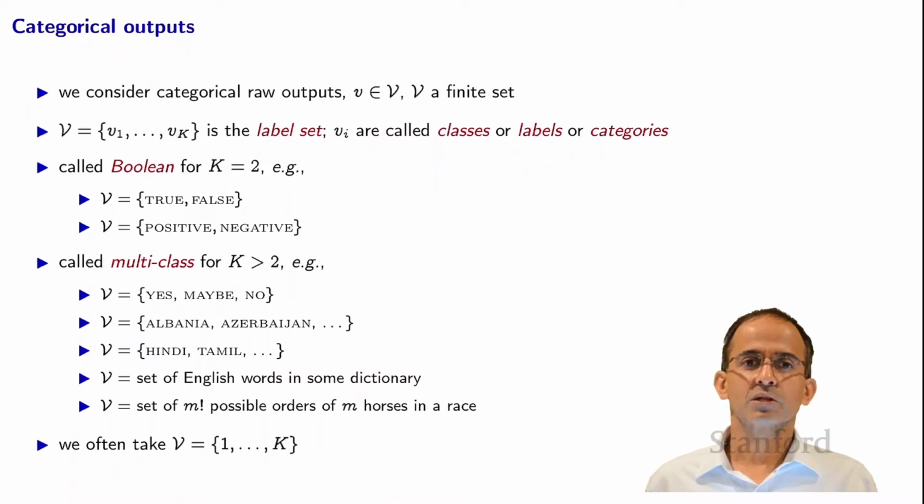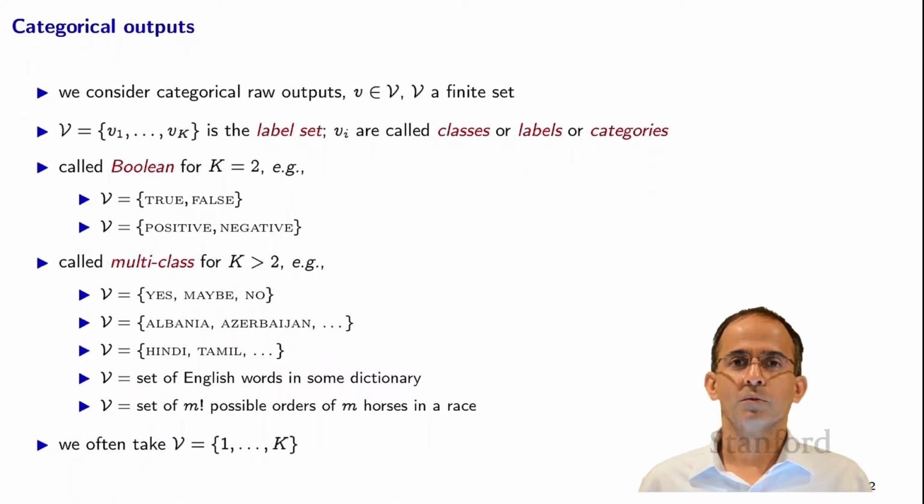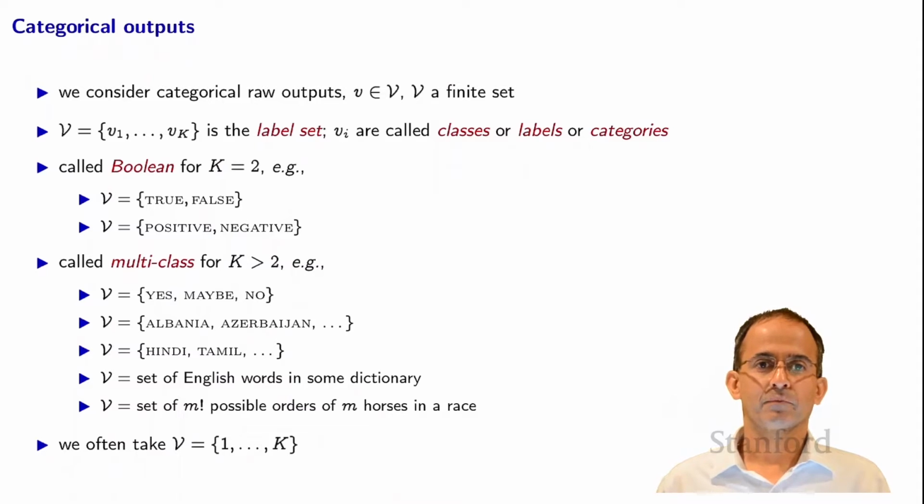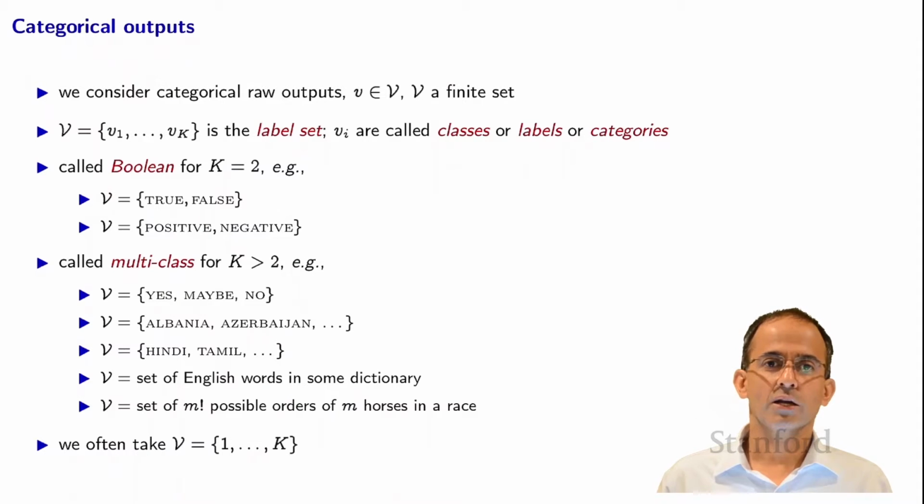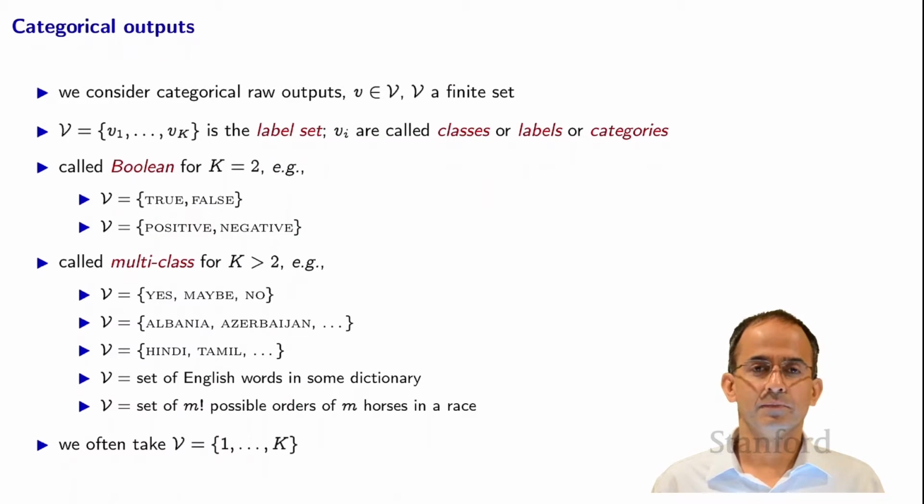And now we want to switch to a different problem, and this problem is called classification. In classification, the target variable v is categorical. It can only take a finite number of possible values, and we will call that set script V.